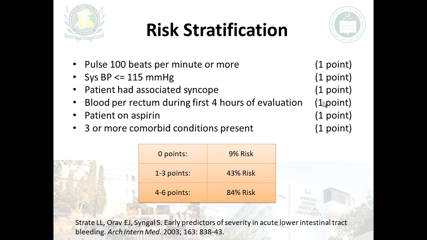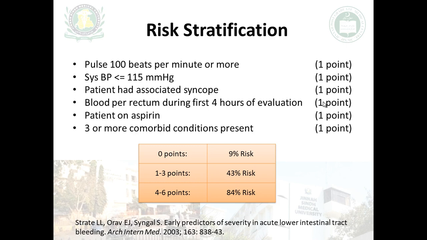Blood per rectum during the first 4 hours of evaluation, so there is bleeding going on. The patient is on aspirin, so there are fair chances the patient can bleed more. Three or more comorbid conditions present, like the patient having ischemic heart disease, or being diabetic, or having hypertension, or already having chronic liver disease or any other comorbidities.